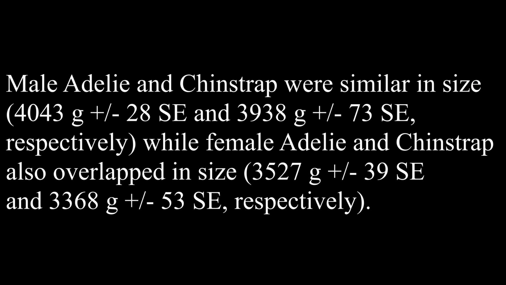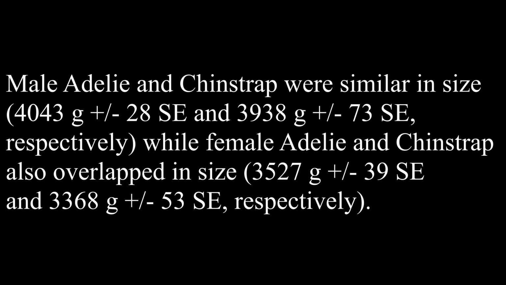Further, we could state that male Adelie and Chinstrap were similar in size at 4,043 grams plus or minus 28 standard error and 3,938 grams plus or minus 78 standard error, respectively, right?